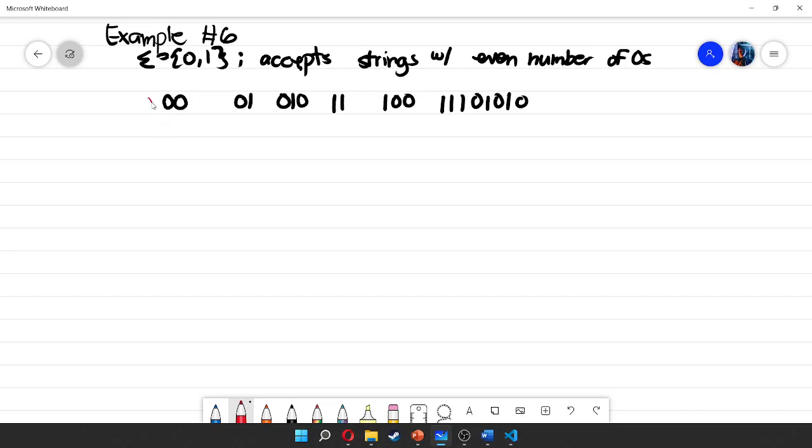Kaning 0, 1, pila ka buka zero na sa iya ha? Isa, sir. So, is it accepted or rejected? Rejected, correct. Kaning 0, 1, 0, is it accepted or rejected? Accepted, sir.